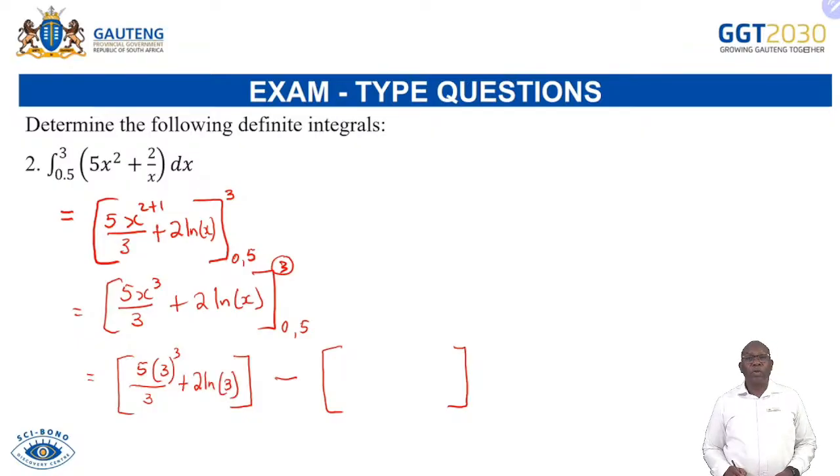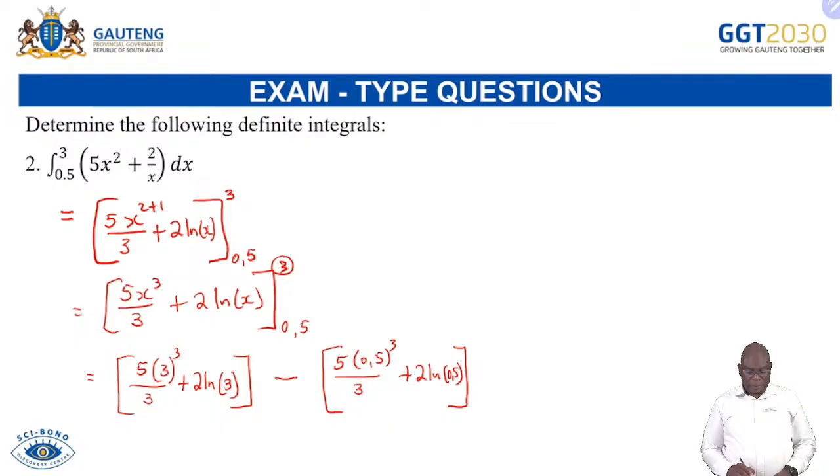So the x is no longer there. It's substituted by that number. So here, what should I substitute by? So I'll say 5 into 0.5 to the power of 3 all over 3 plus 2 ln of 0.5.